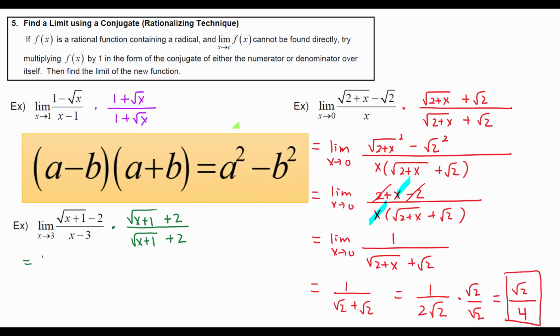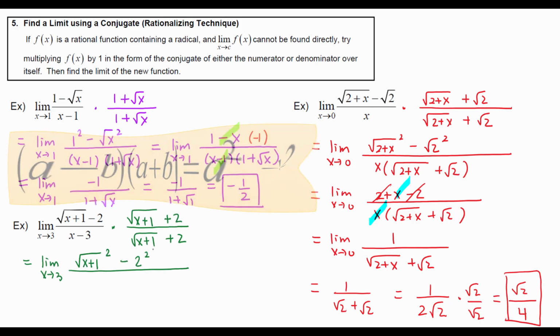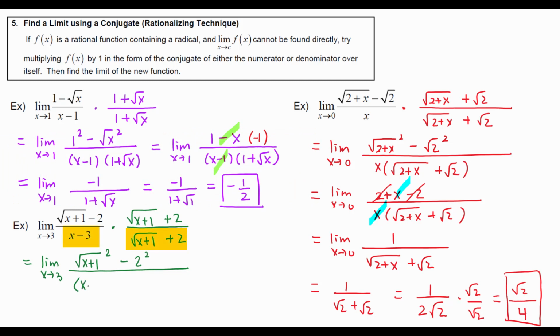So when you multiply the numerators, it becomes a square, which is radical x plus 1 squared minus 2 squared. And in the bottom, you have the x minus 3 factor, and you have another factor, radical x plus 1 plus 2.